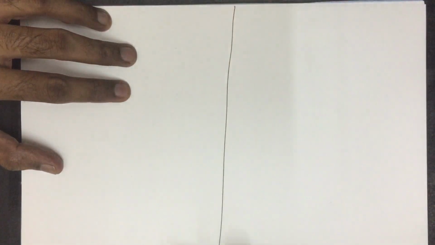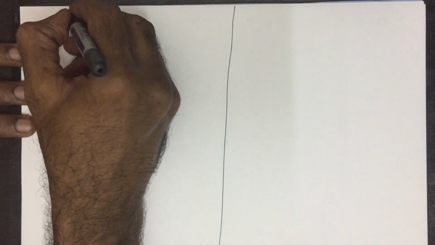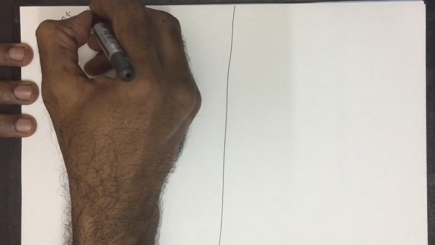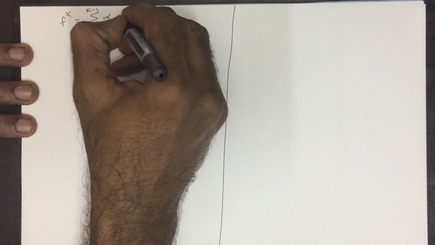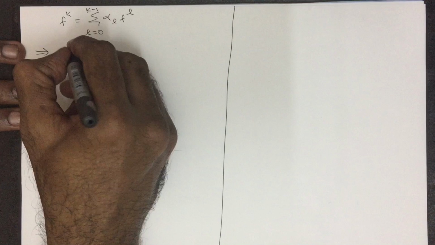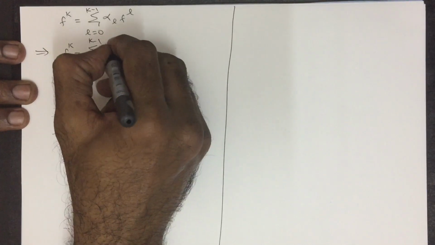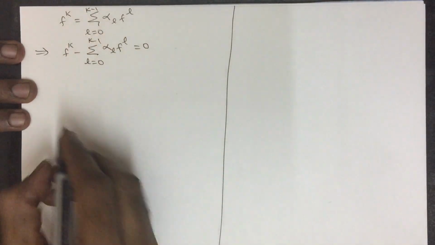I will use the next page. So, what we have shown now is that f to the power k is the summation over L running from 0 to k minus 1 of alpha L f to the power L. Therefore, this can be rewritten as f to the power k minus the summation over L from 0 to k minus 1 of alpha L f to the power L equals the zero linear map.